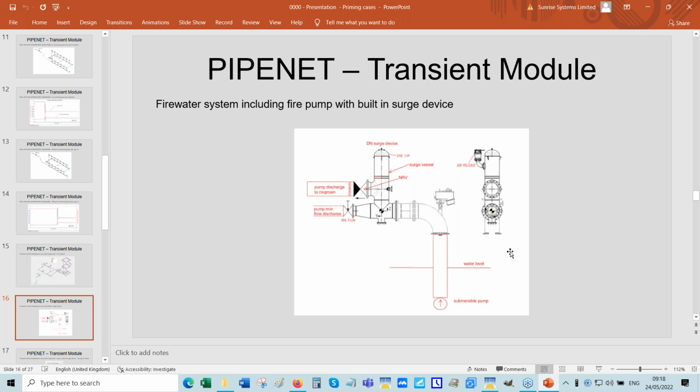That's a Norwegian company, and it's got a surge tank or surge suppression device, which is an integral part of the fire pump system. So when the pump starts, that's sea level.